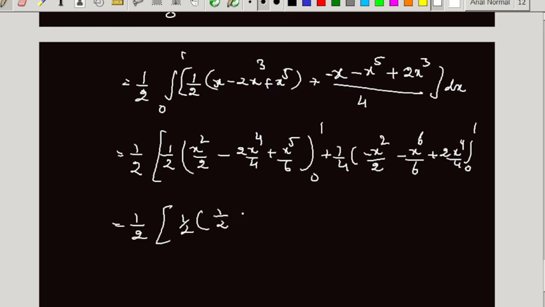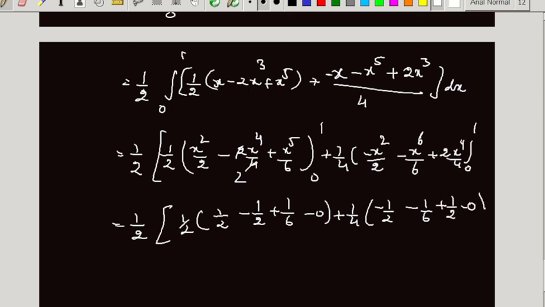So 1 by 2 minus 1 by 2 here, so we can cancel. We can write it as 1 by 2 plus 1 by 6. Lower limit becomes 0. Plus 1 by 4, here upper limit, minus 1 by 2, minus, if we substitute 1 we get 1 minus 1 by 6. By simplifying this one we get 1 by 2, and the lower limit is 0.